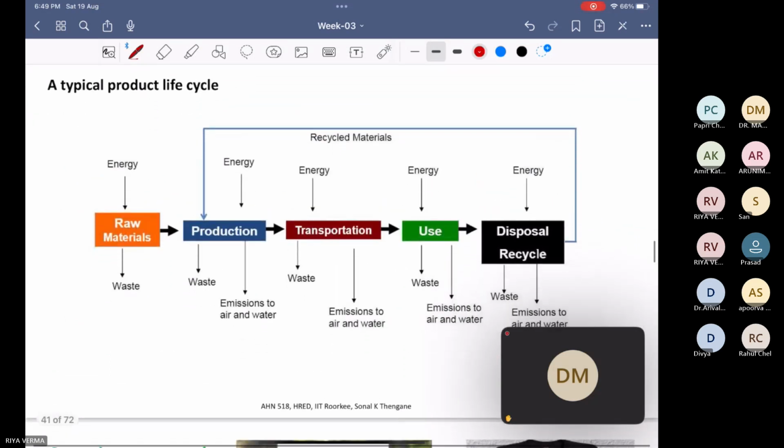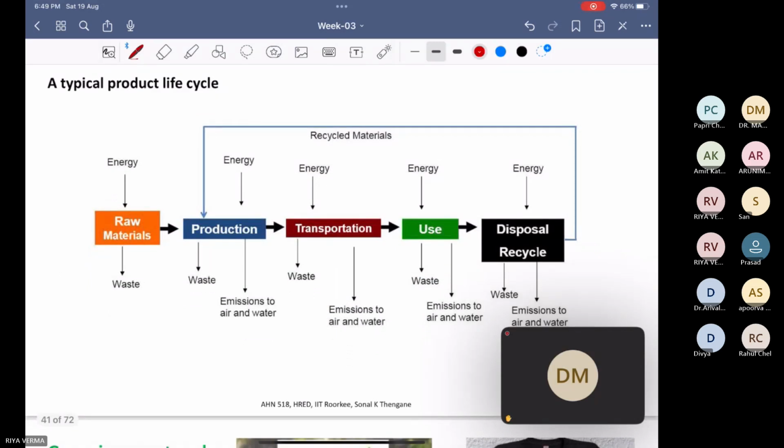So, see, these are slides that I've taken for your understanding point of view only.